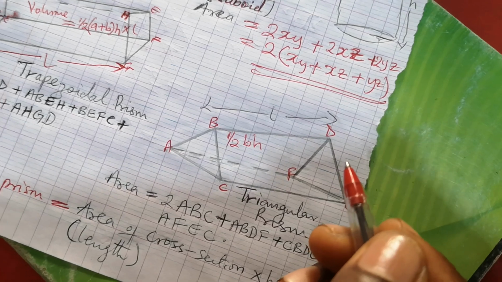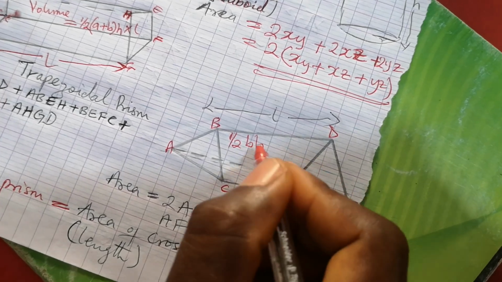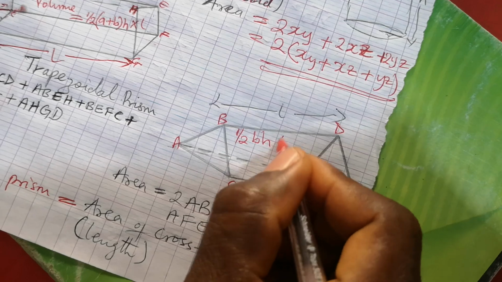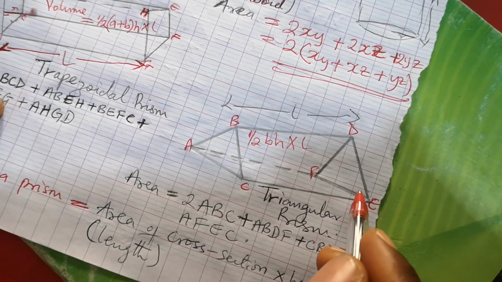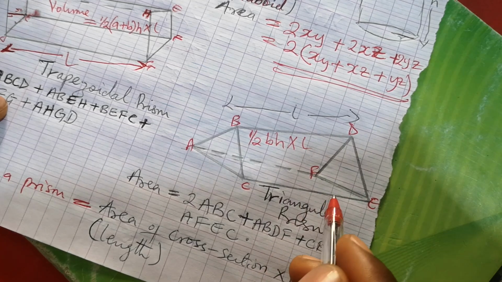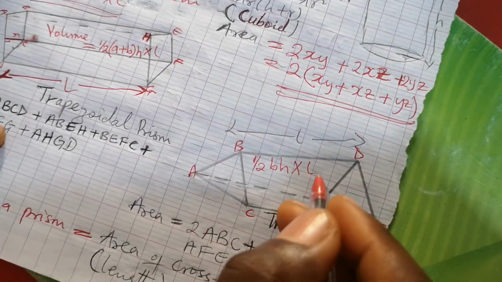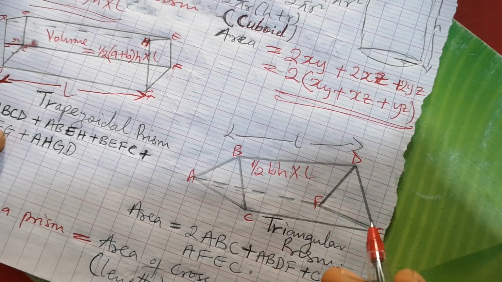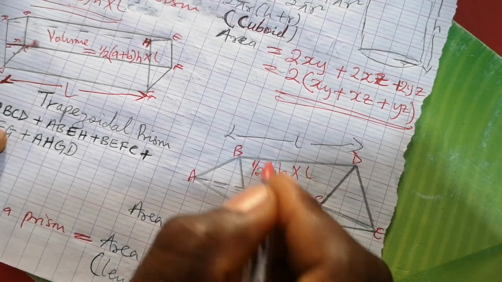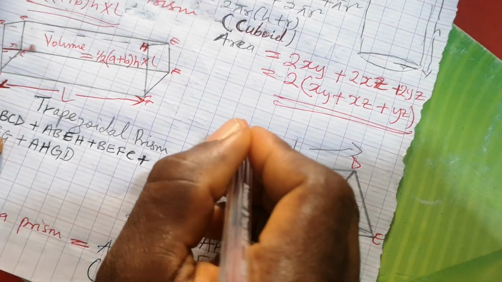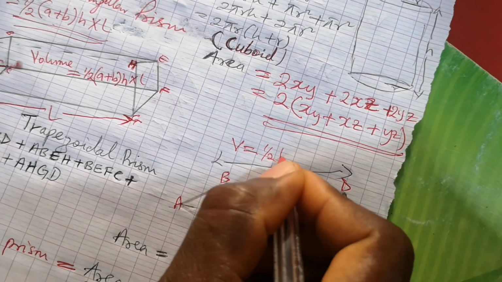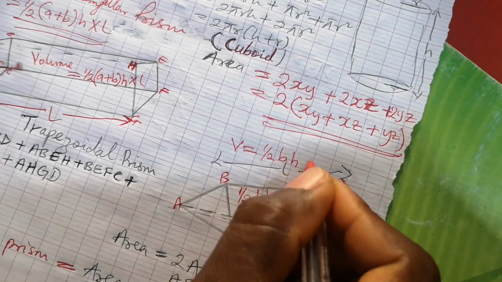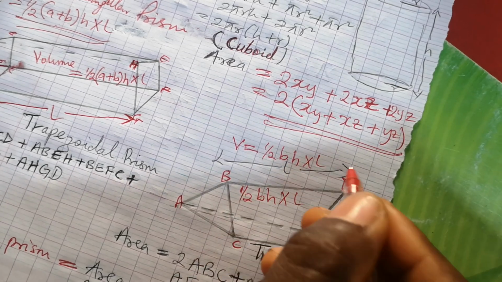Then if I multiply half base times height by the length of this prism, I will get the volume. Therefore, the volume of this triangular base prism will be V is equal to half base times height times L.